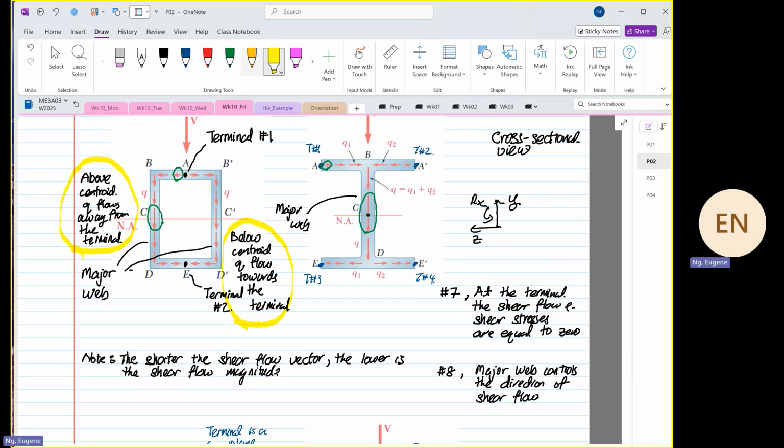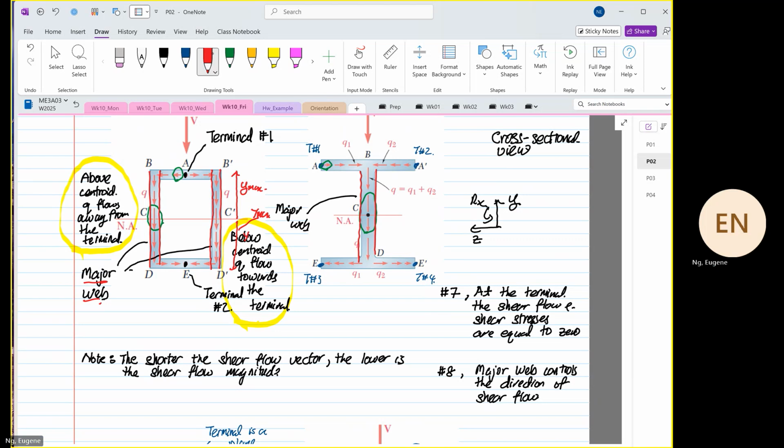So as you look over here, this is your Y max. This direction is your Y max. This direction is also your Y max. When this is the case, this entire section over here is known as your major web. Likewise, this entire section is your major web.